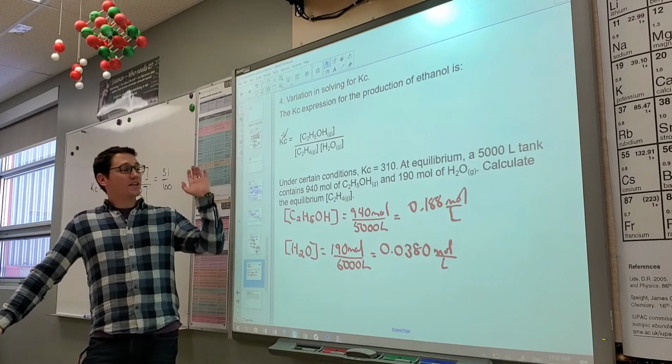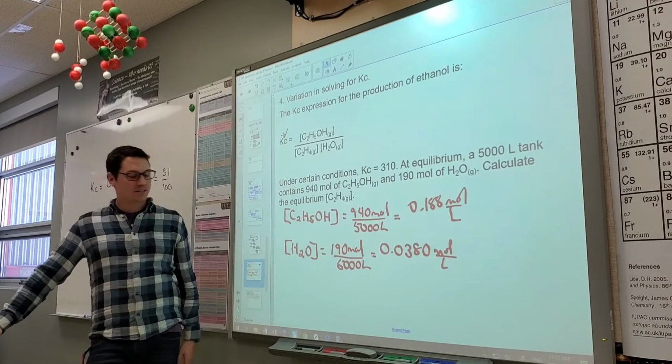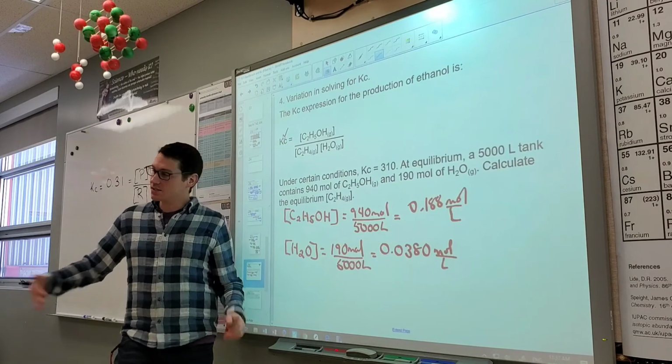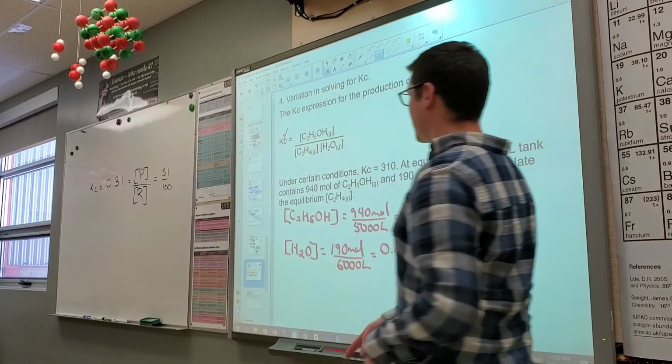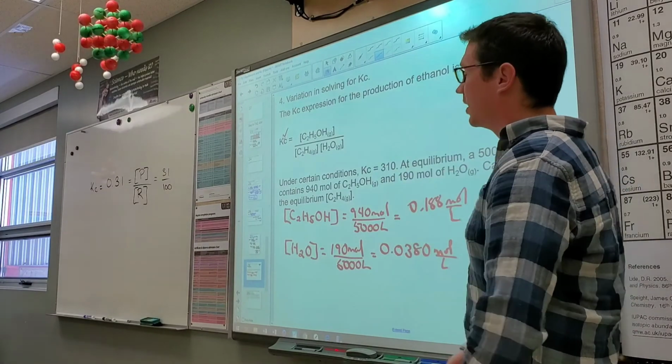So this is the exact same question as what we did before. Just a little tiny variation where they're giving you moles and you have to divide it by liters because these are concentrations.